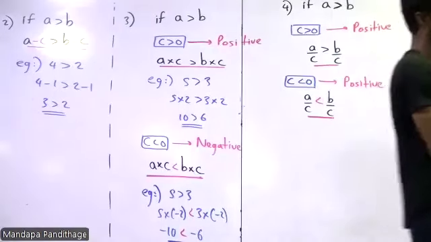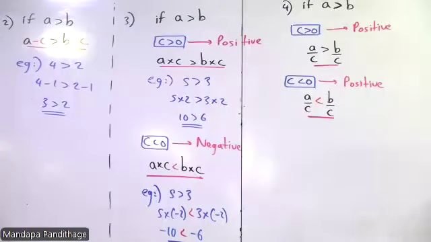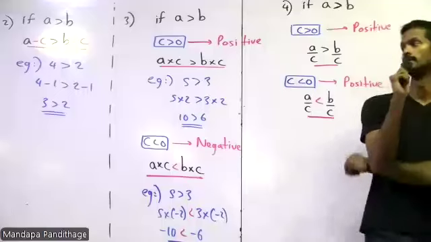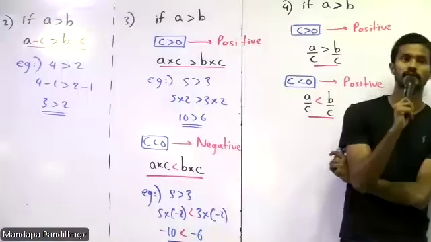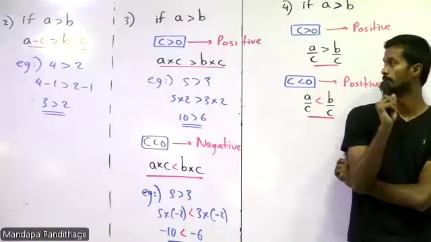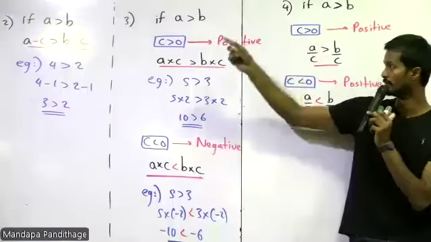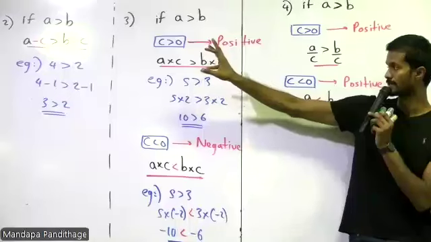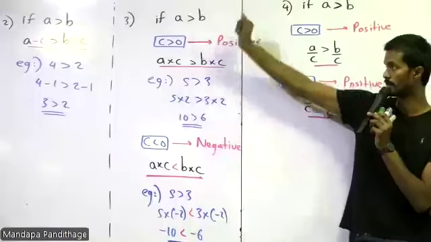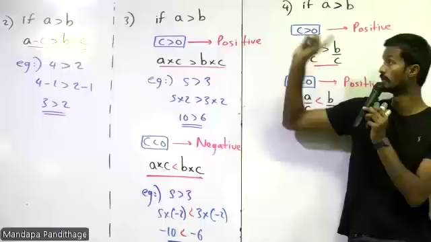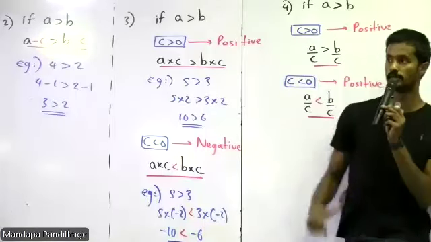Next line: the same thing is happening, so I won't be giving it in the same way. I'll just mention the sign change rule is applied as in the previous way. When you divide by a positive, no change; by a negative, the sign changes, right?